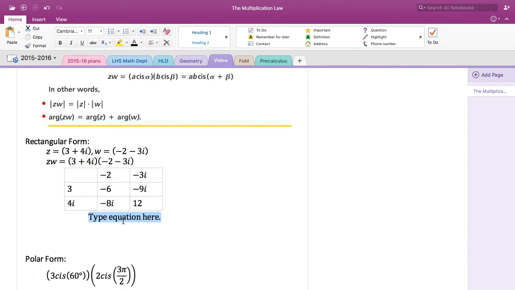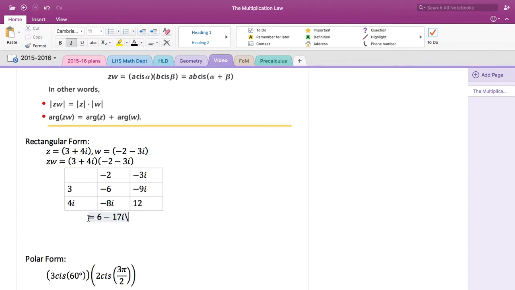So we have negative 6 minus 9i minus 8i plus 12. Combining like terms, negative 9i and negative 8i gives negative 17i, and negative 6 plus 12 gives positive 6.